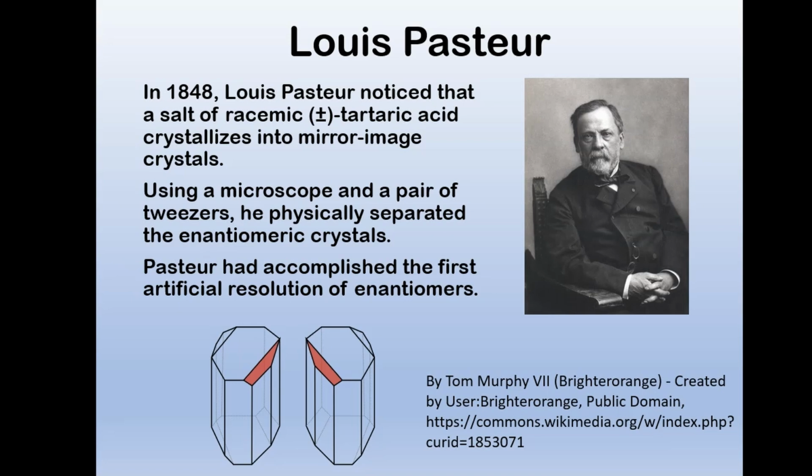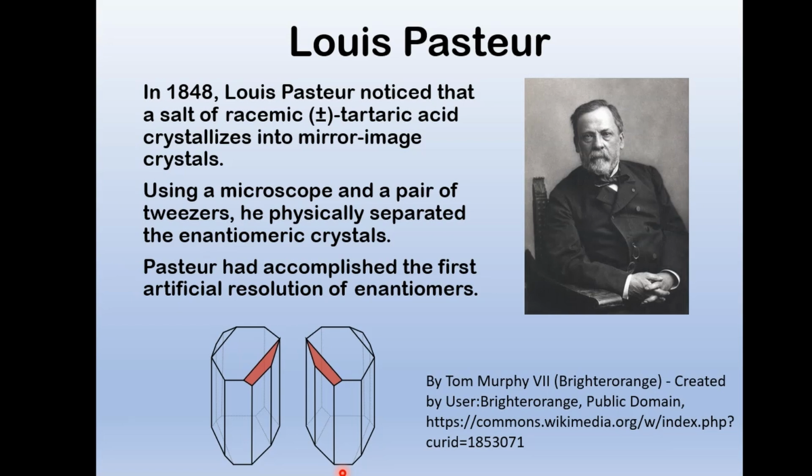I'm hoping they were big, fat, rock salt-like crystals. And once he got all these crystals separated, he put this one into the polarimeter and it would rotate light one direction. He put this solution of this crystal in the polarimeter and it rotated light the other direction. And he solved the big problem of stereochemistry. They didn't even know it was stereochemistry. They didn't know what was going on, but he figured it out.